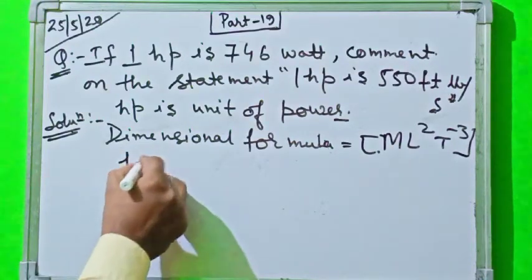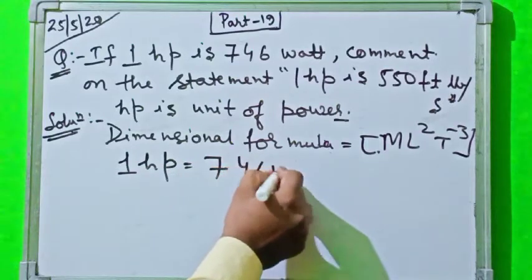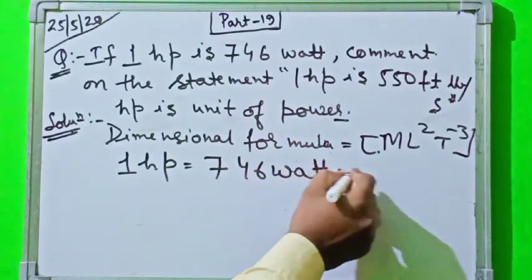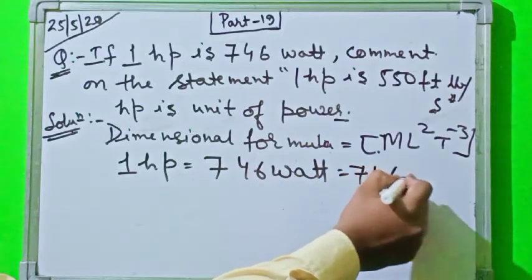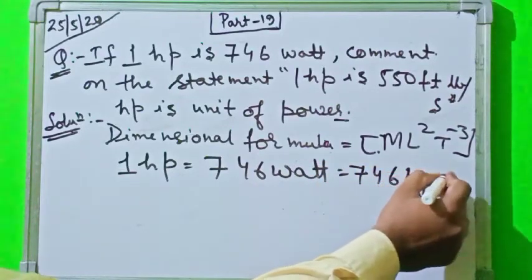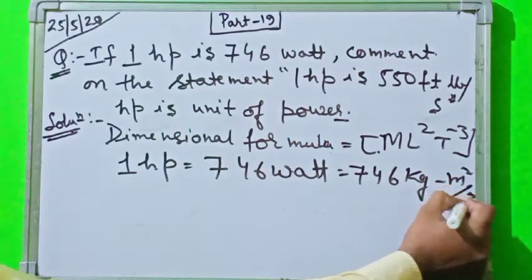1 horsepower can be written as 746 watt, which is equal to 746 kg meter squared per second cubed.